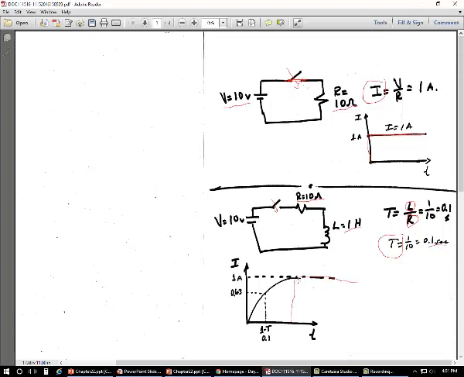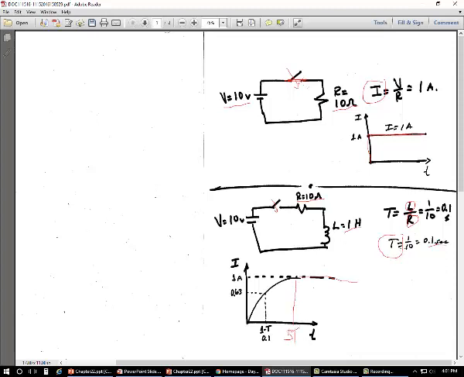Okay, so this point right here, the steady state value is reached after 5 time constants.